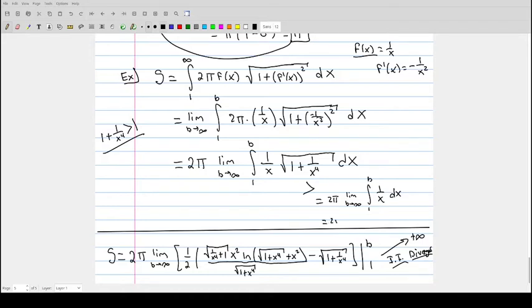And this is 2 pi times the improper integral from 1 to infinity of the function 1 over x, which we've already shown is equal to positive infinity. Because this improper integral blows up, and this improper integral is always greater than that one, it means that this has to blow up as well. So the surface area improper integral diverges to positive infinity.